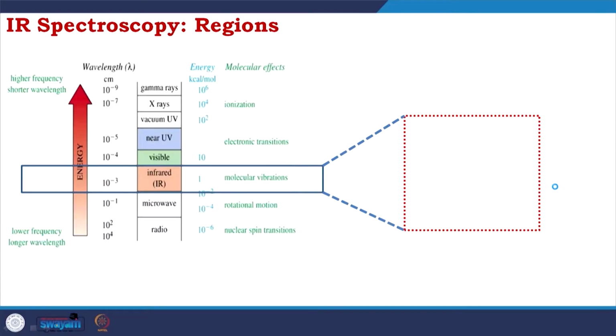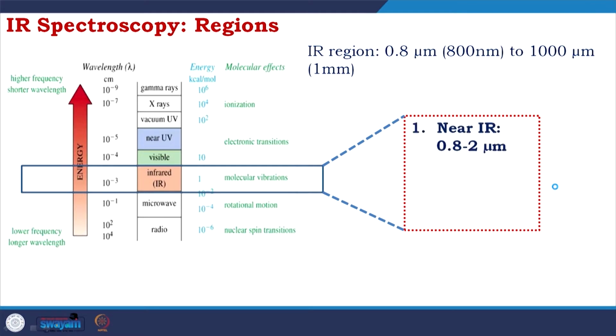Now, you see the position of the infrared. The infrared is 0.8 micrometer to 1000 micrometer wavelength. It could be divided into 3 distinct parts.